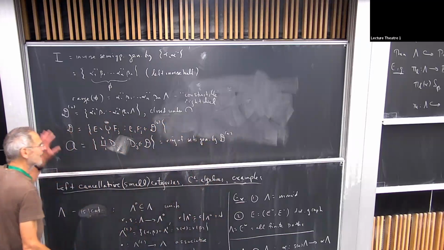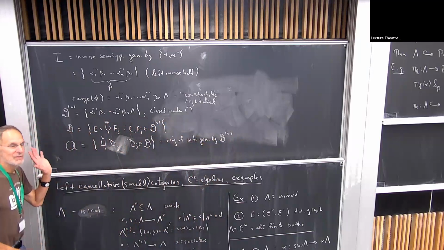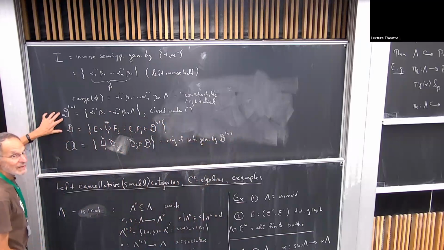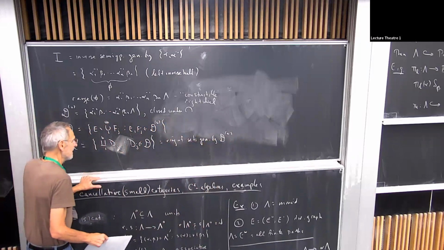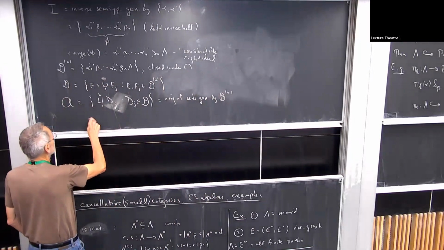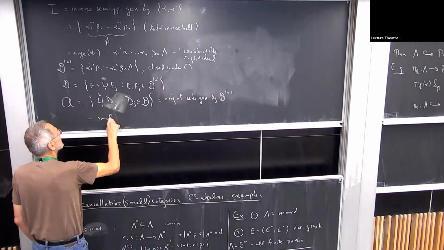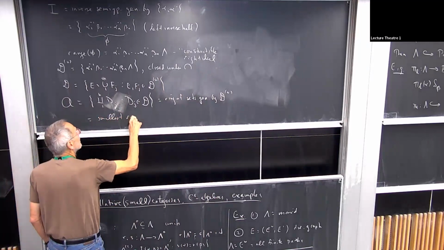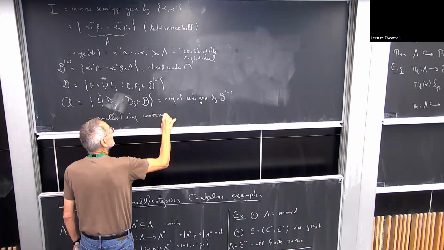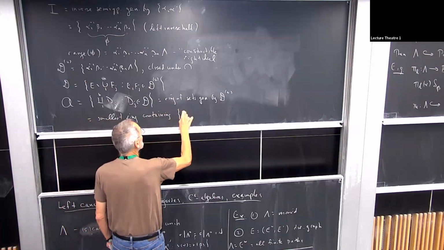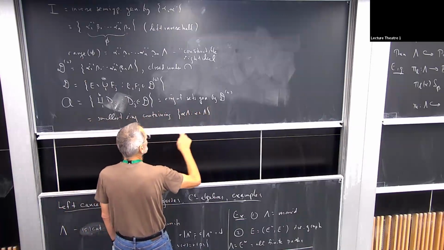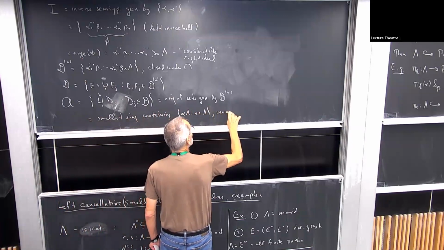And this is my choice in setting up the structure, moving immediately to a ring of sets instead of working with more elementary kinds of things. But you can also prove that this is the smallest ring of sets containing all the principal right ideals, so all things of the form alpha lambda, and invariant under these maps.